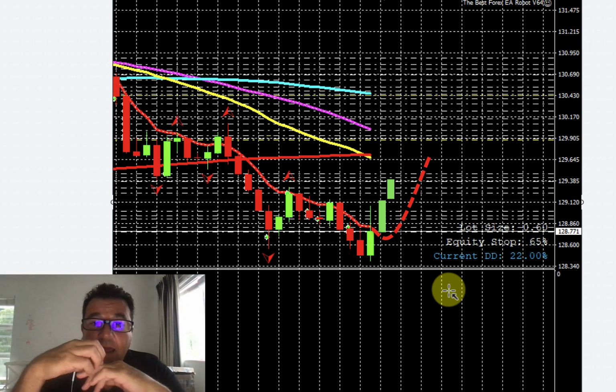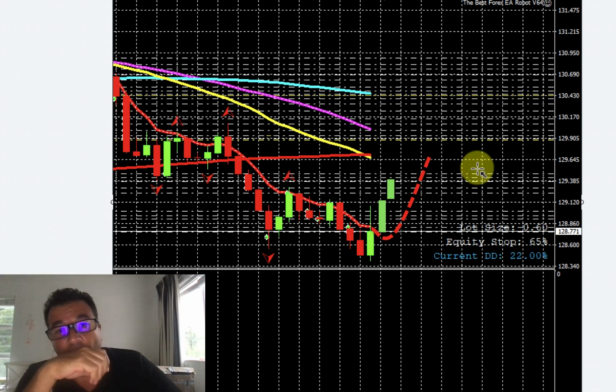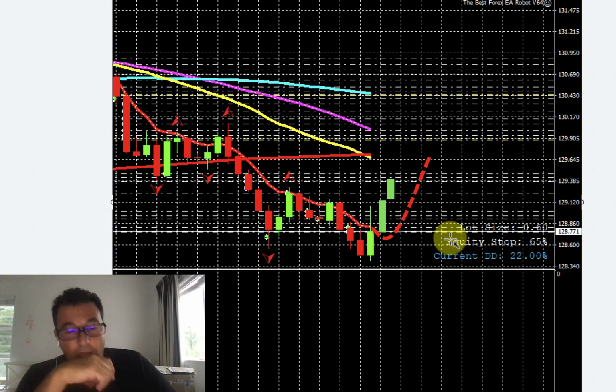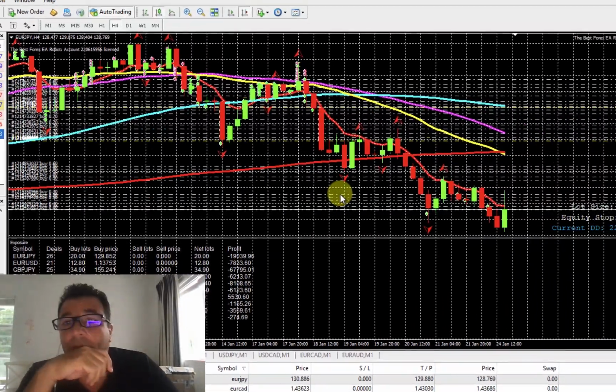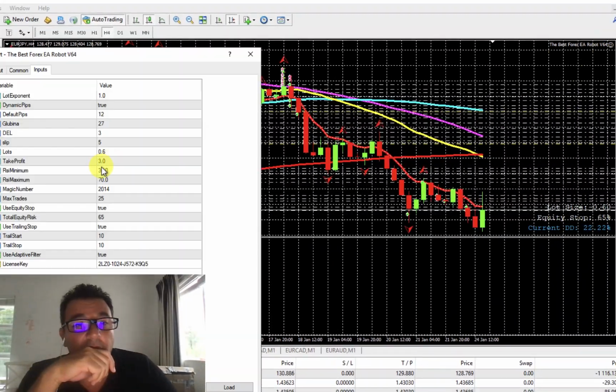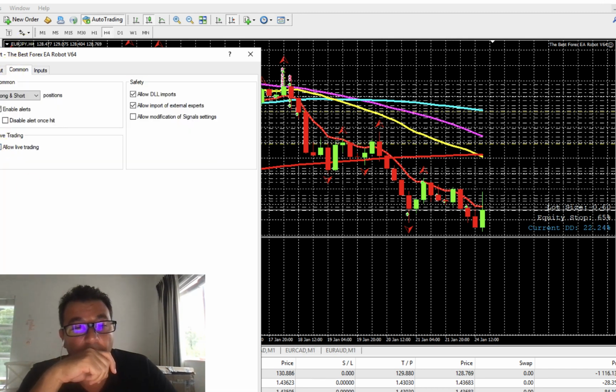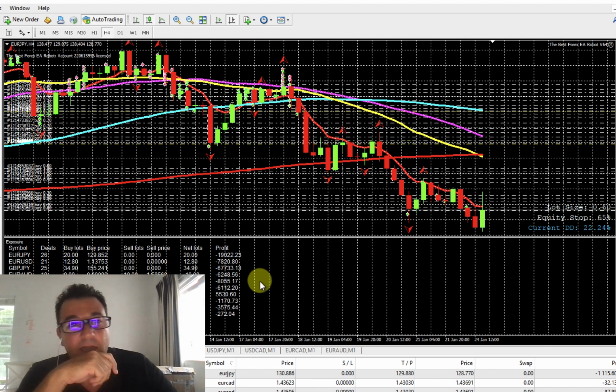When the second candle opens above the 8 exponential moving average, if there are no trades here, I will then reactivate the robot. So what I'm going to do is I'm going to pause this robot. I want to show you something. This is exciting. Okay, we're going to draw a line where the take profit is.